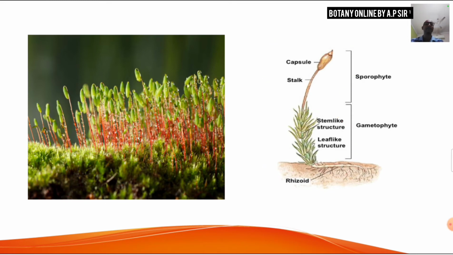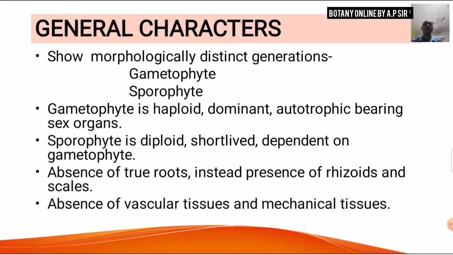Got it? So, now come to the general characters. As I have already told, I have uttered two terms, gametophyte and sporophyte. So, we can say that morphologically it has two distinct generations. What are those? Gametophytic generation and sporophytic generation. Got it?